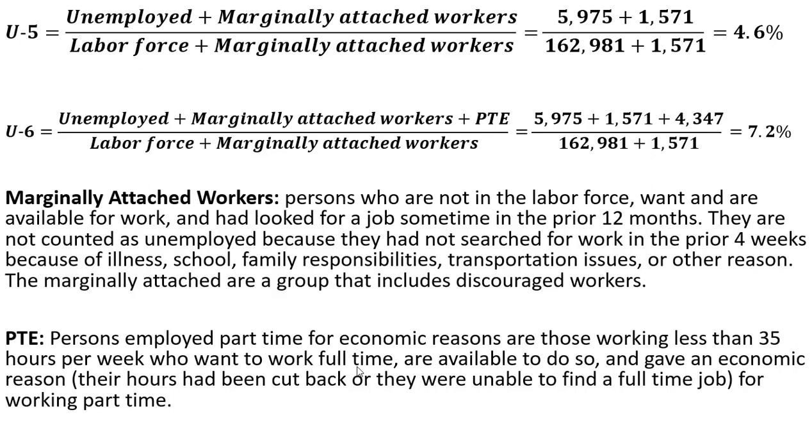So these are people that the best they could find is part-time work, but they really desire full-time employment. So we're going to consider those as unemployed, or maybe underemployed, if you will. And in June 2019, there were roughly 4.3 million of those folks part-time for economic reasons, and that would bring this alternative measure of unemployment to 7.2%.